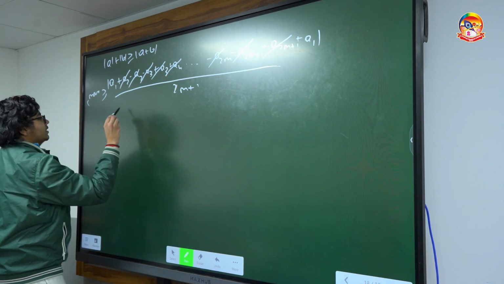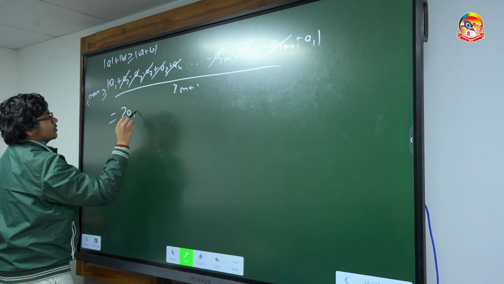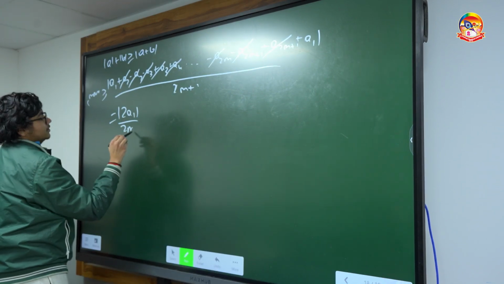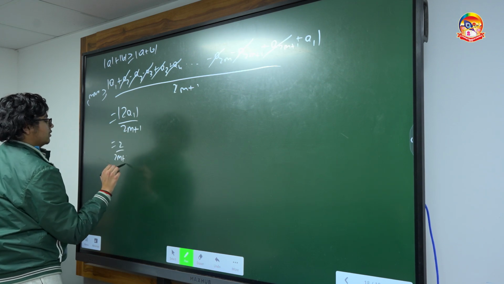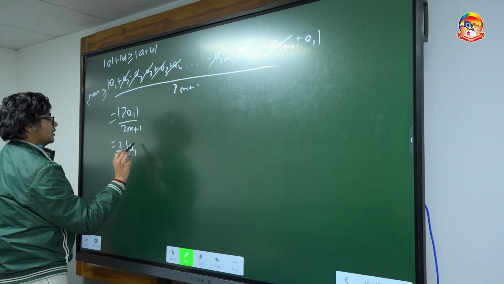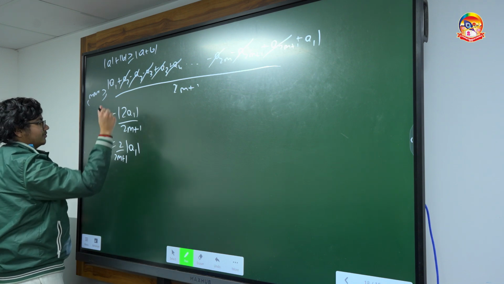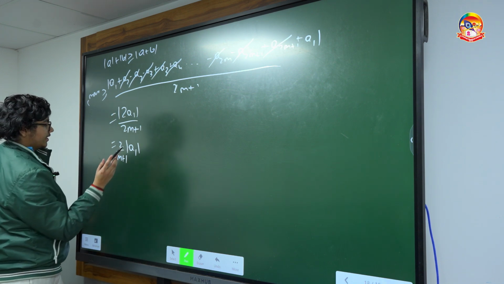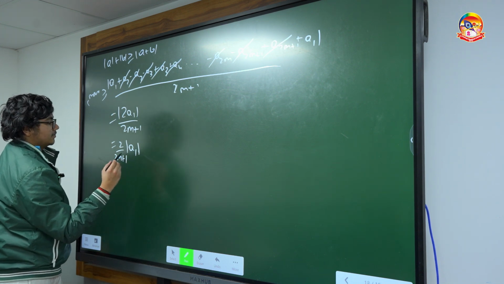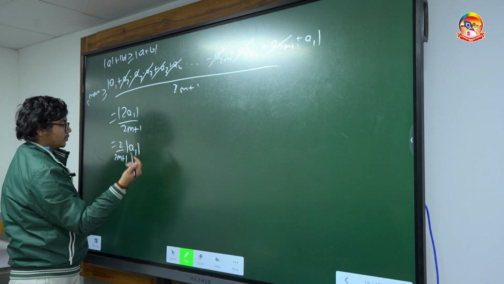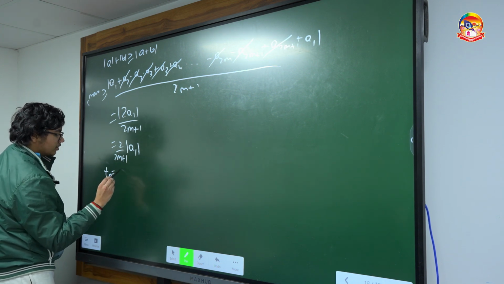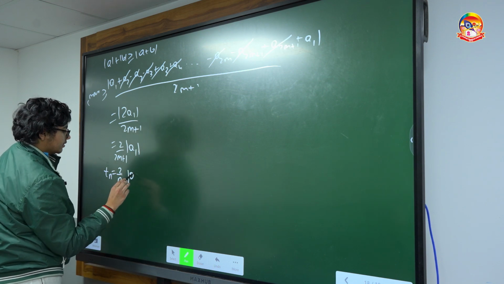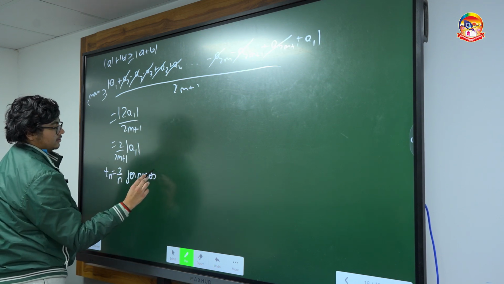So this leads to 2 A1 upon 2m plus 1, which is of course 2 by 2m plus 1 times mod A1, because this 2 is positive. We can take that out of the modulus function, as the modulus function keeps the sign positive. So we get that Tn is equal to 2 by n for n odd works.